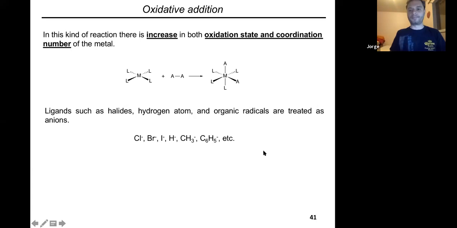Okay, so I would like to show you an example of oxidative addition. So let's make sure we understand the concept, and let's make sure you pay attention to this detail here, which is super important. Okay, so let's start here with a square planar complex.